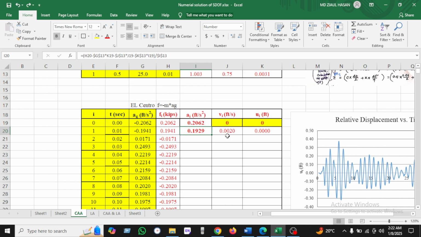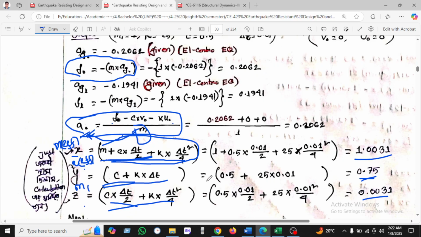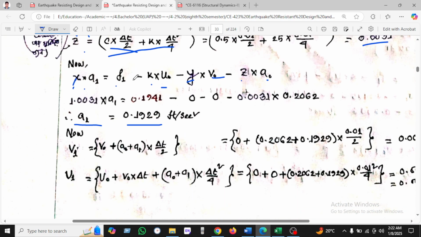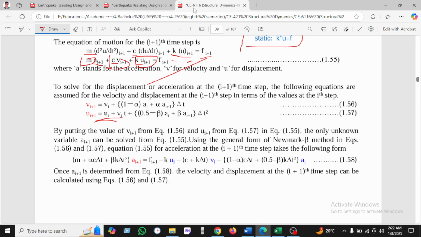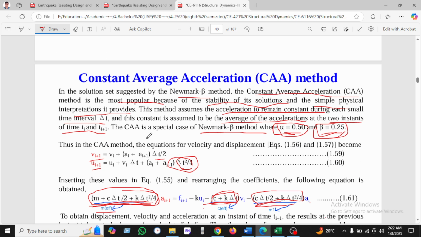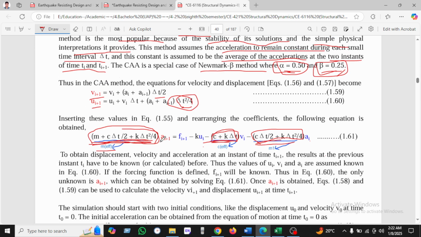Now how will we get the next a? The next a is found from this equation. Let's see how we get a.